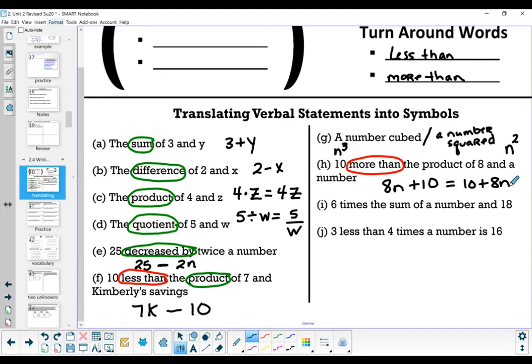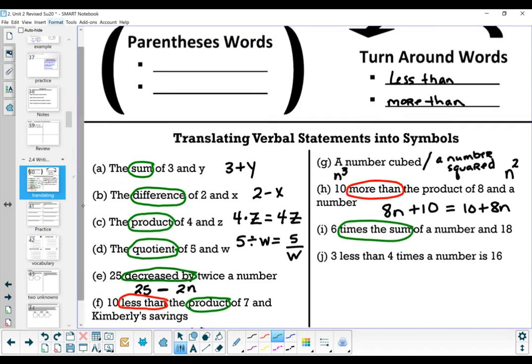Okay, I, 6 times the sum. I call those parentheses words. Whenever you say times the sum, analogous to that would be like times the difference. Okay, you want to put this in parentheses.